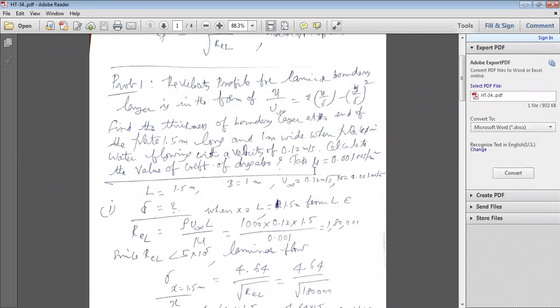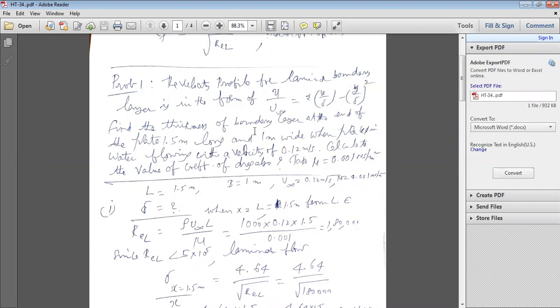Take the dynamic viscosity mu as 0.001 Newton second per meter square.